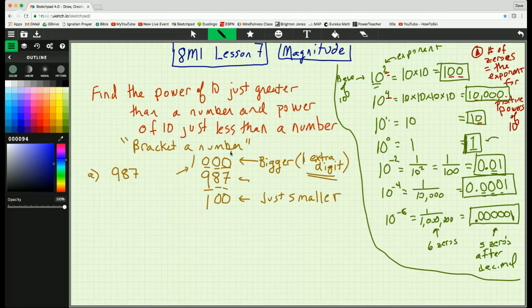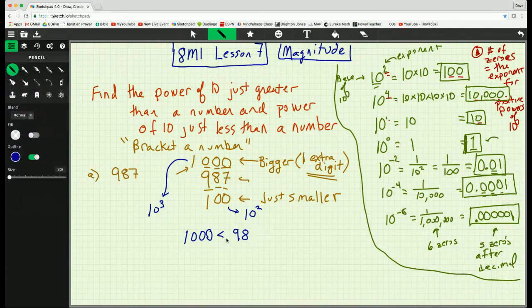And so 1,000 is 10 times 10 times 10. This is 10 cubed, 10 to the third, and this one is 10 squared. So I can say that 1,000 is greater than 987, which is greater than 100.